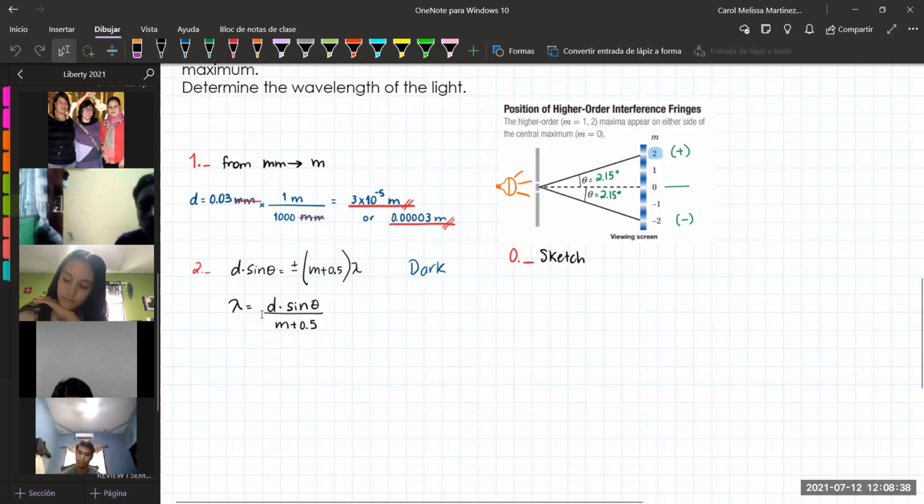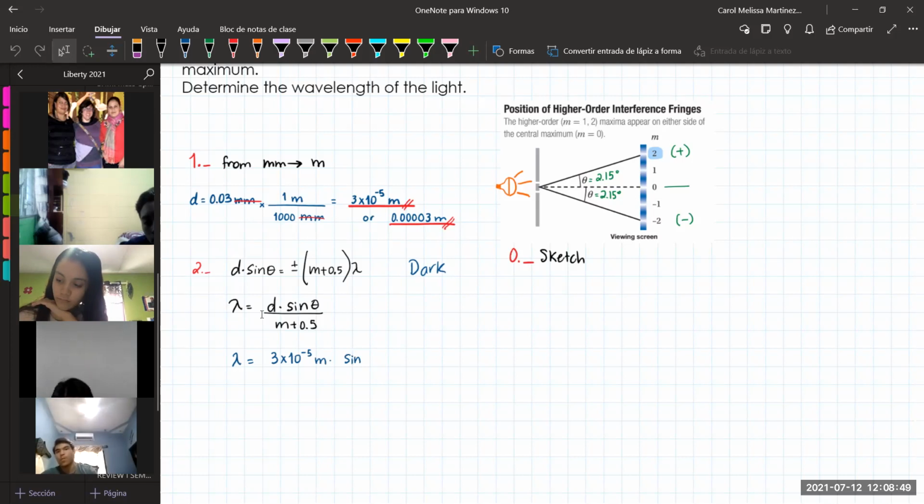So all we do is substitute by the givens. We still have the same angle, and we divide by m plus 0.5, which is 2 plus 0.5.